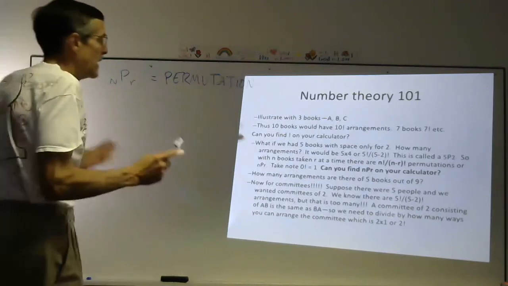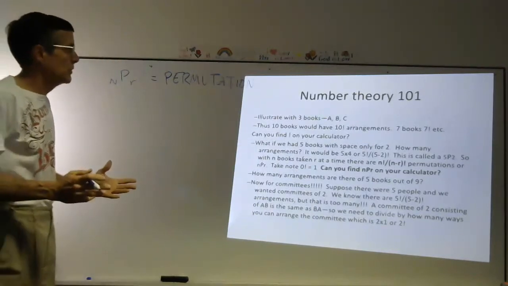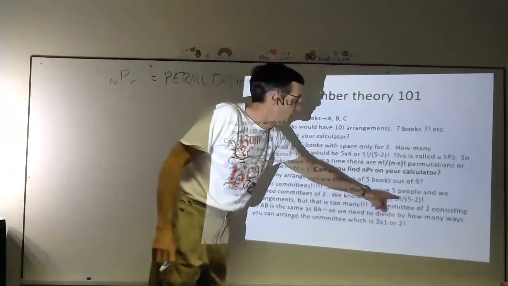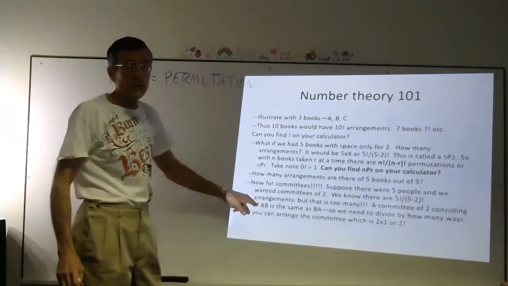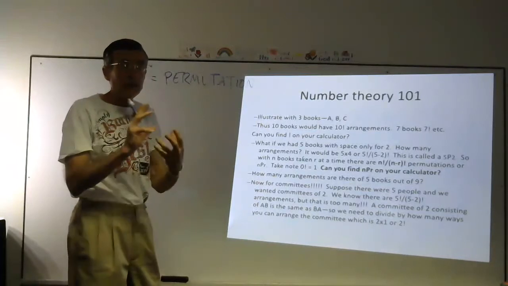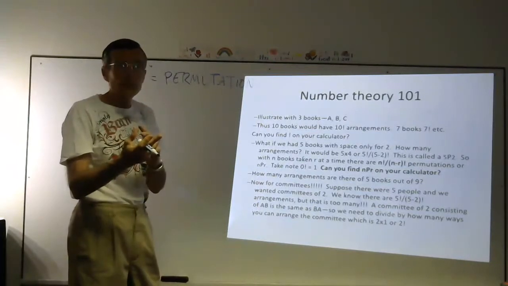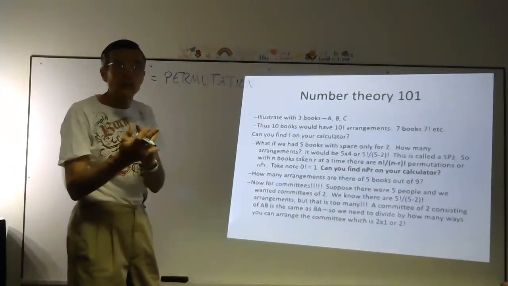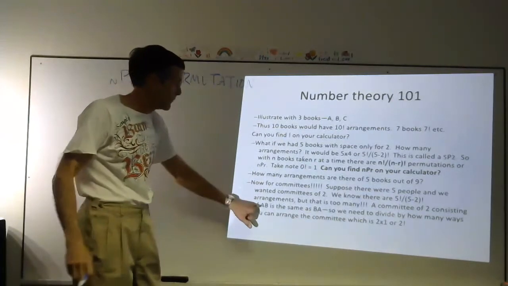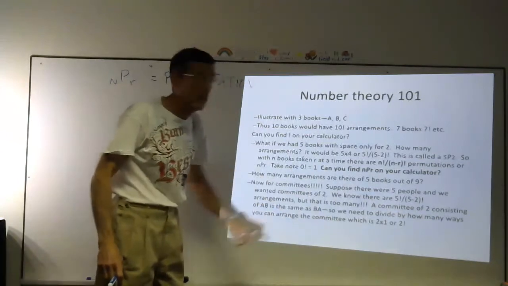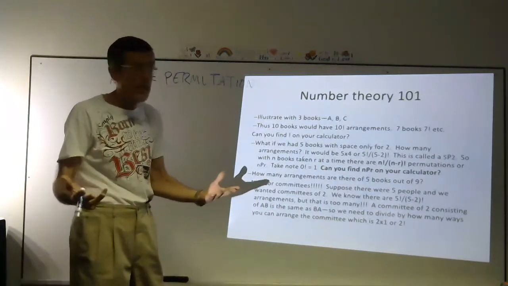If you have 5 people and you wanted committees of 2, we know that there's 5 factorial over 5 minus 2 factorial arrangements. But arranging 2 different people in a different order does not create a different committee. So you have to divide out. Like, for instance, AB is the same as BA for people on a committee.